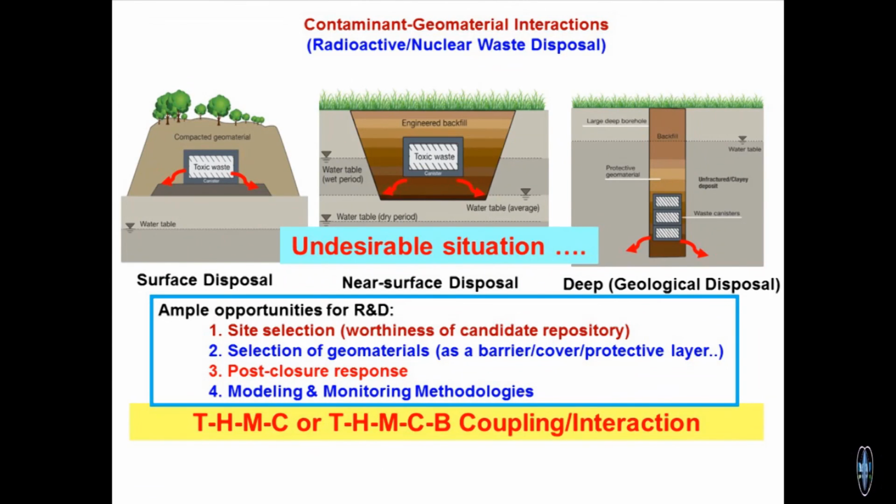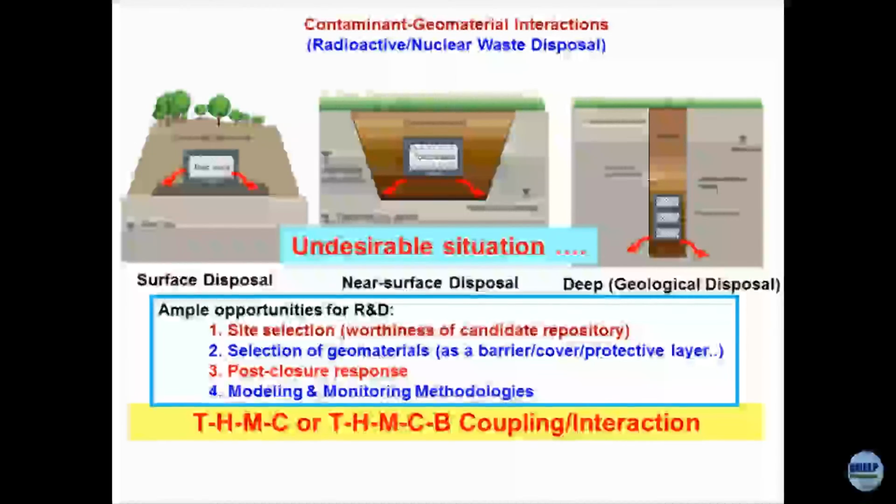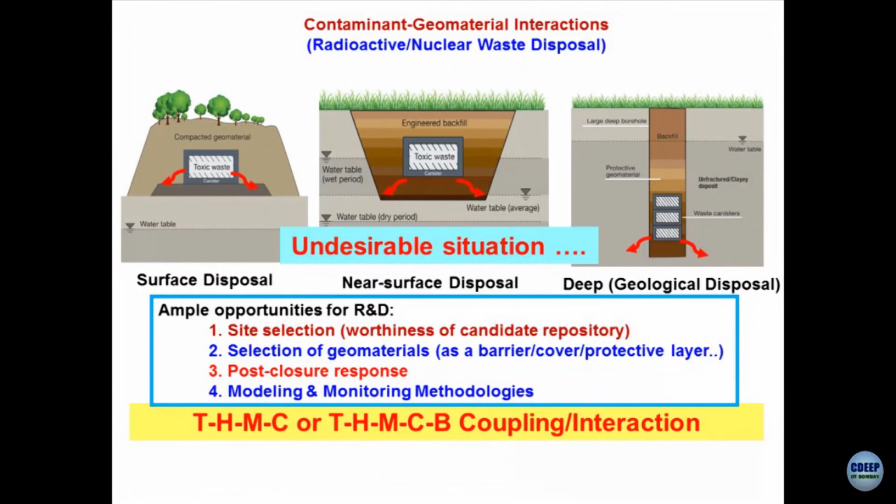The waste might be at elevated temperature, how hydraulics of the waste is going to come into the picture at elevated temperature, how the mechanical properties are going to change, compressibility, shear strength, consolidation and so on because of chemical interaction. The second one is THMC, and B also I have added to this, biological. So, this is the coupling and interaction, which is the order of the day. Everybody is trying to master this, and I hope you can understand why this subject is becoming more important, because this has strategic importance, this has commercial importance and so on.